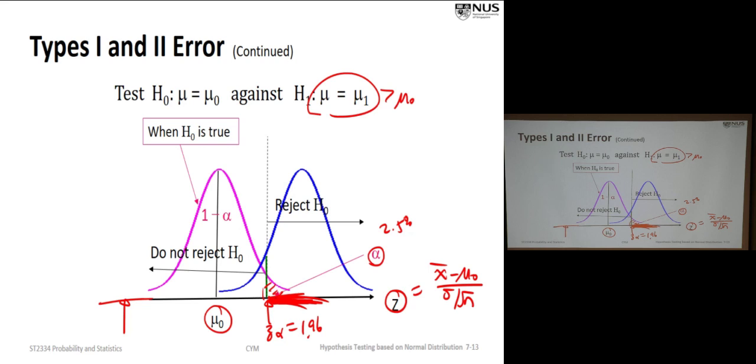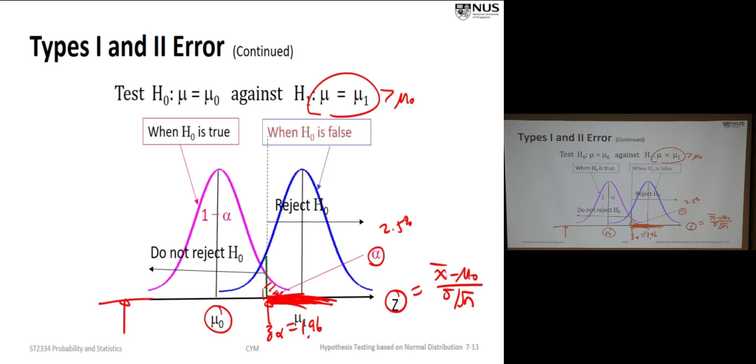Now, what happens if mu is not equal to mu naught, but equal to mu1? I should erase this pink curve, but I still have this decision rule: whenever I'm bigger than this value, I reject the null hypothesis.